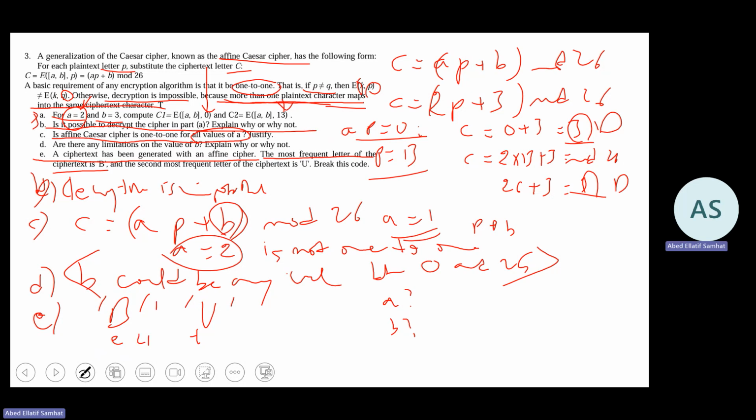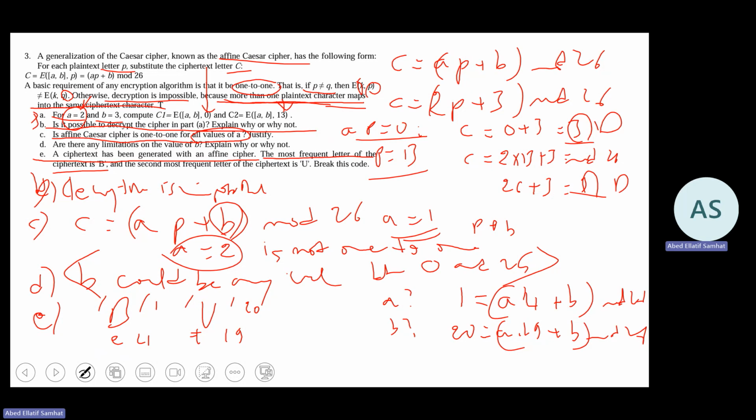So the first relationship will be 1 equals A times 4, or 4A plus B mod 26. And the second, remember that T is 19 and U is 20. So 20 is equal to A times 19 plus B mod 26.